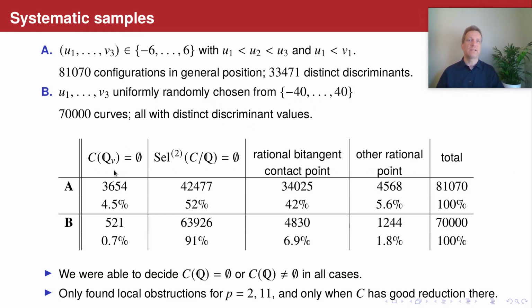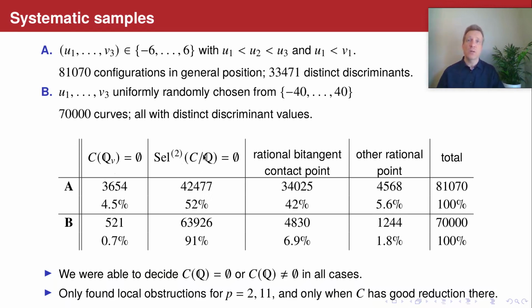Here we tabulate our findings. So a relatively small number of curves ends up having a local obstruction. And interestingly enough, we only find local obstructions at 2 and 11, and only when the curve has good reduction there. The 2-Selmer set in all these cases is empty in a lot more cases, and certainly the first column is contained in the second one.